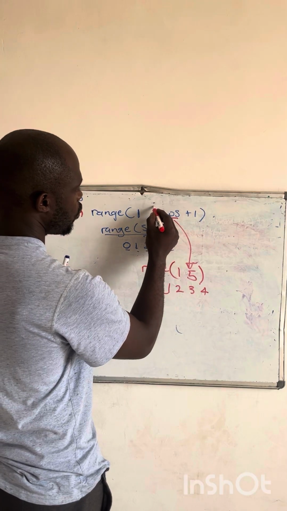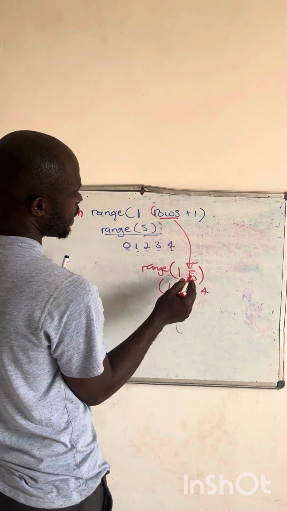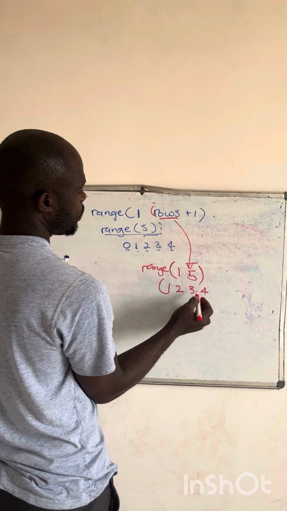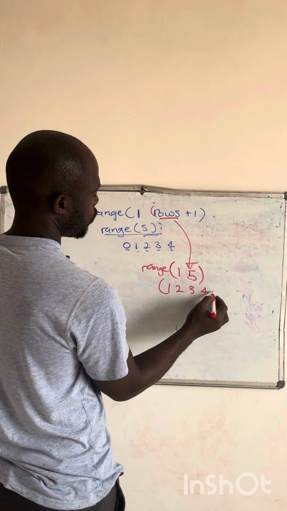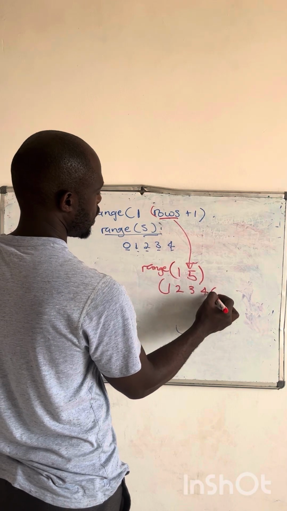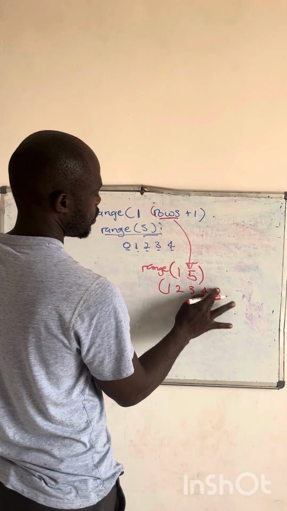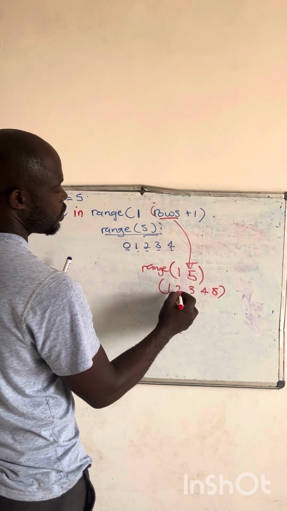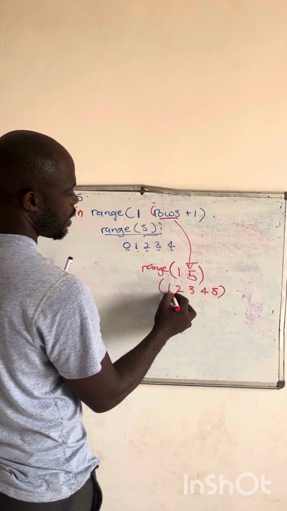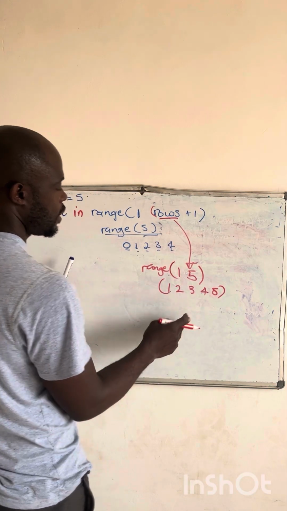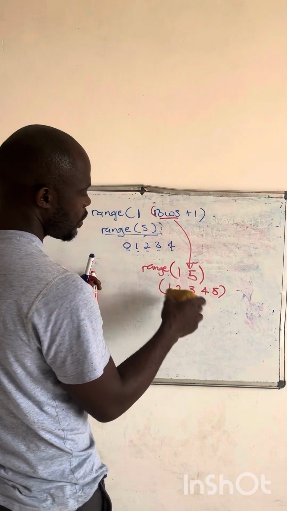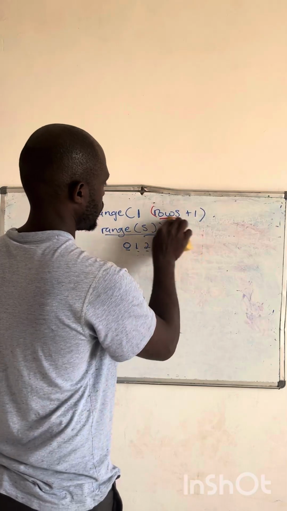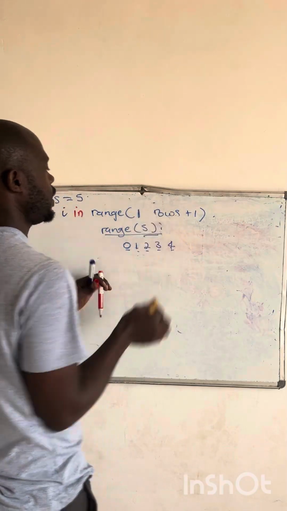If we add 1 on rows, we make this 6, such that our range will come up to 5, and we shall have 5 numbers here. I will explain more as we go on. I hope you have understood that.